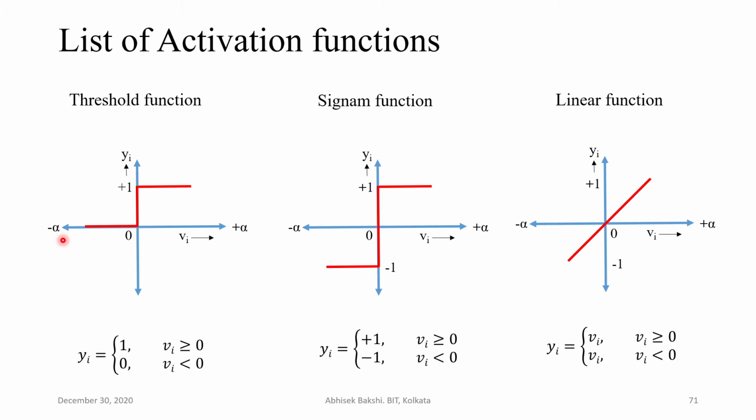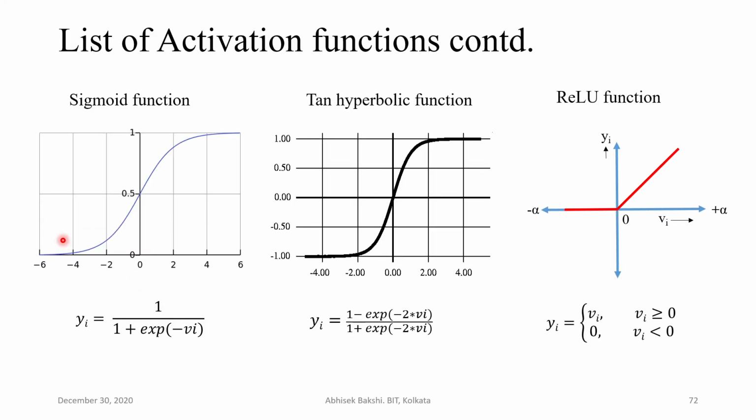Similarly, I may have something in between +1 and -1. So we try to avoid this hard boundary in general classical nonlinear problems. In that case, we should use the other three types of activation functions which are very popular in artificial neural network literature. These are called sigmoid function, tan hyperbolic function, and ReLU function.